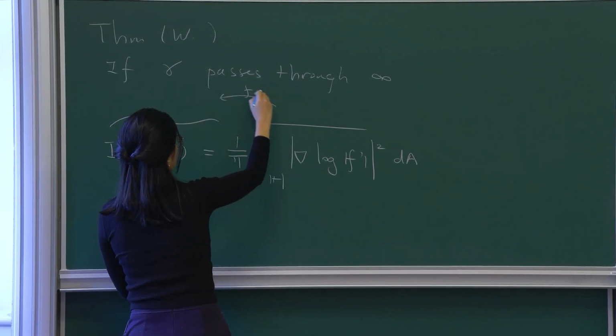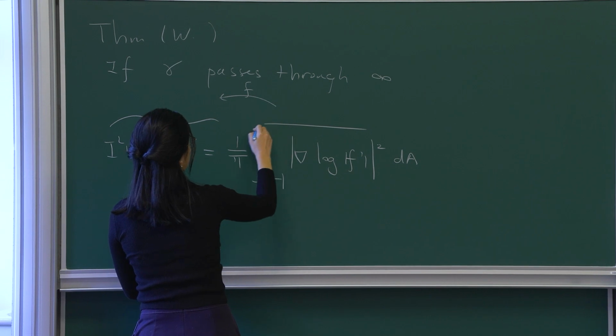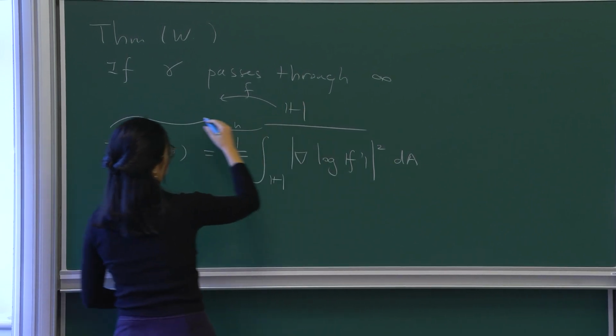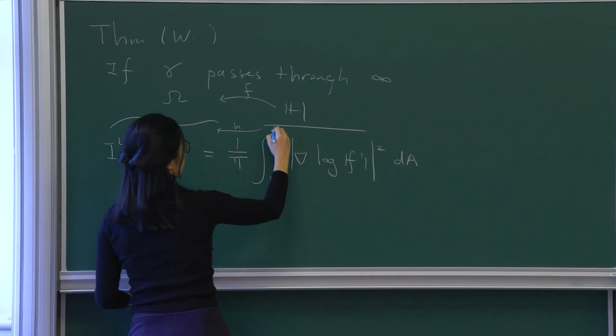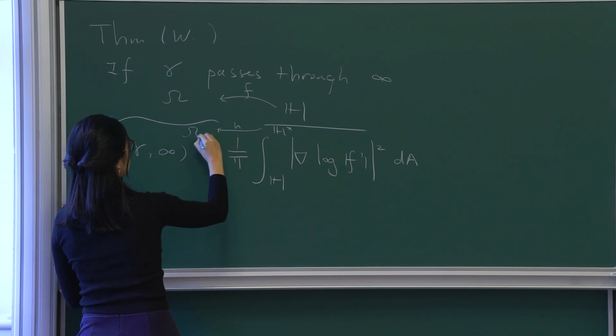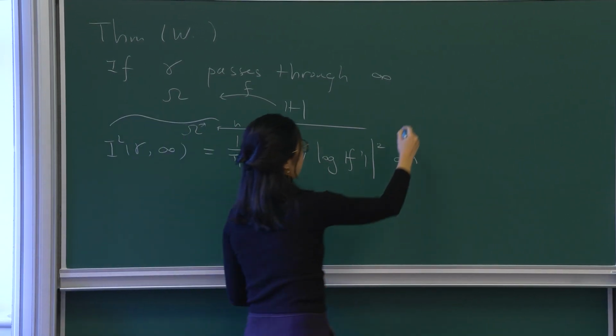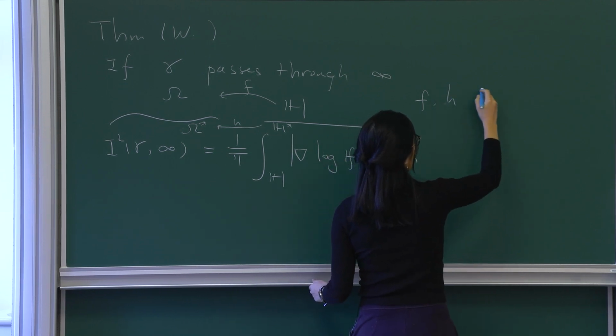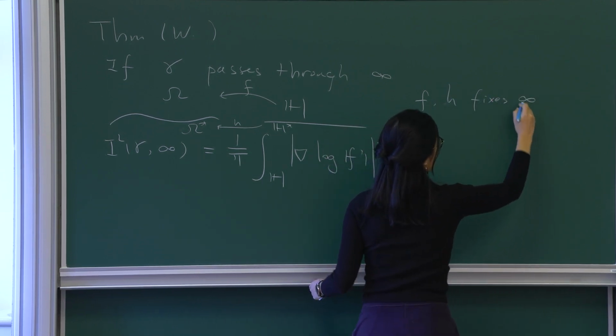So f is the conformal map, and h is the conformal map from the other side, from omega star to omega star, and we've asked both f and h to fix infinity.